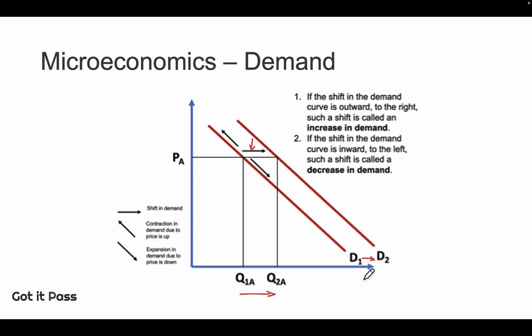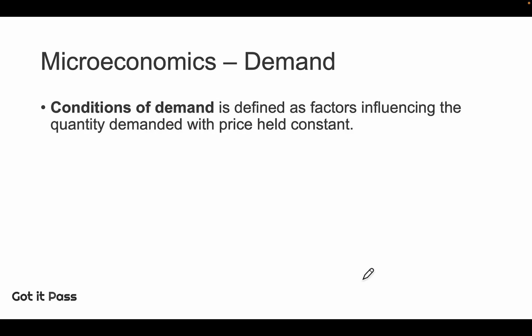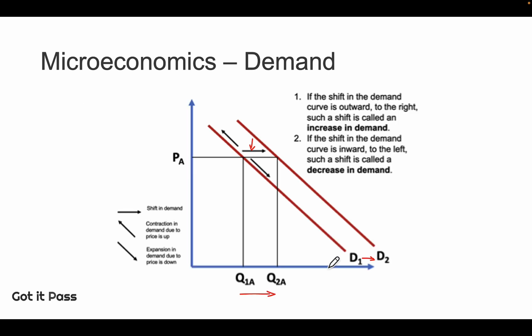Therefore, with no price change, but because of the change in the income level in the population, we can see the demand curve shifts outward to the right, and such a shift is called an increase in demand.